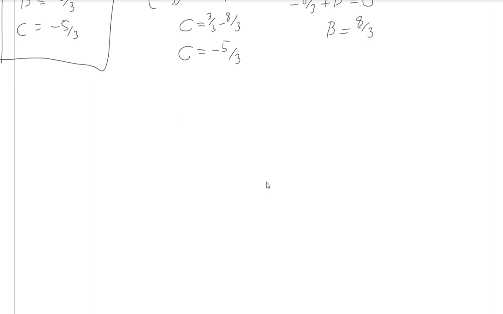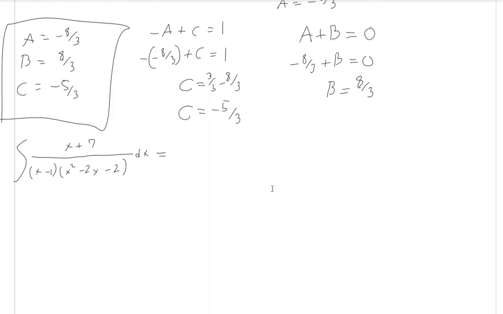That will allow me now to take my integral of x plus 7 over x minus 1 times x squared minus 2x minus 2 dx. And now I can write this. Notice that all of A, B, and C have thirds. So I'm going to take out a third. I'll do that in a moment, actually. This was split up into x minus 1, and on top was A, which is negative 8/3.